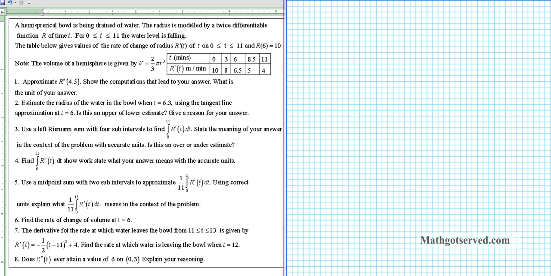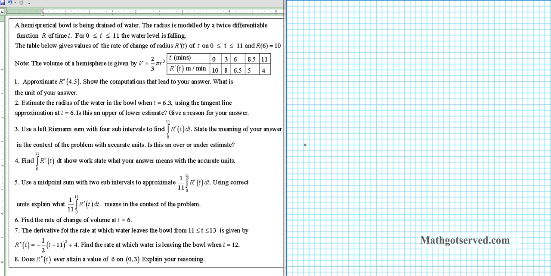The table below gives values of the rate of change of radius r prime of t on 0 less than or equal to t less than or equal to 11, with r of 6 equals 10. Note the volume of a hemisphere is given by V equals 2/3 pi r cubed, and this table illustrates the relationship between the rate of change of the radius at particular times 0, 3, 6, 8.5, and 11.